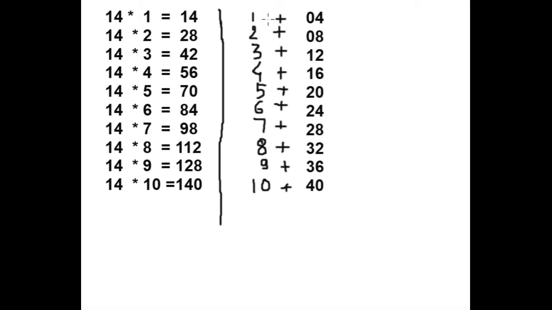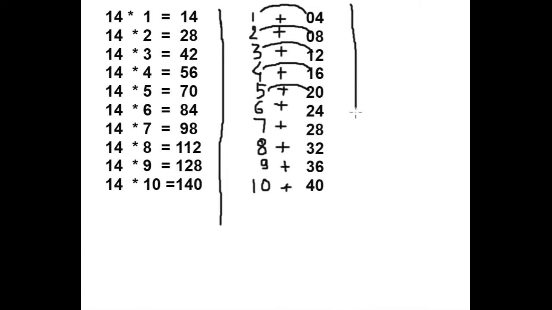What we will add? 1 from 4? No, only left side. This 1 and 0, 2 and 0, 3 and 1, 4 and 1, 5 and 2. In this way we will completely add this.